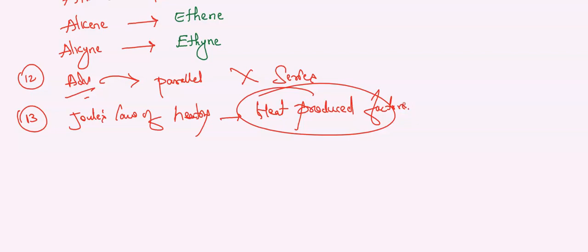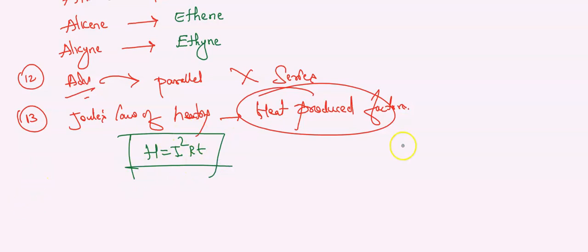Please go through that answer. Heat produced in a resistor is directly proportional to the square of the current for a given resistance. Directly proportional to the resistance for the given current. Directly proportional to the time for which the current flows through the resistor. Formula: H equals I squared R T.